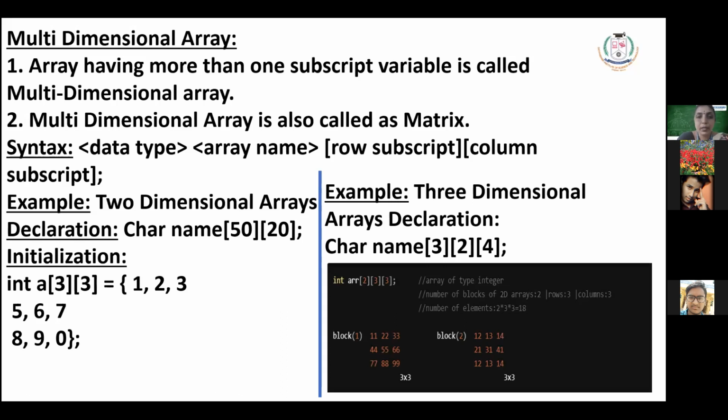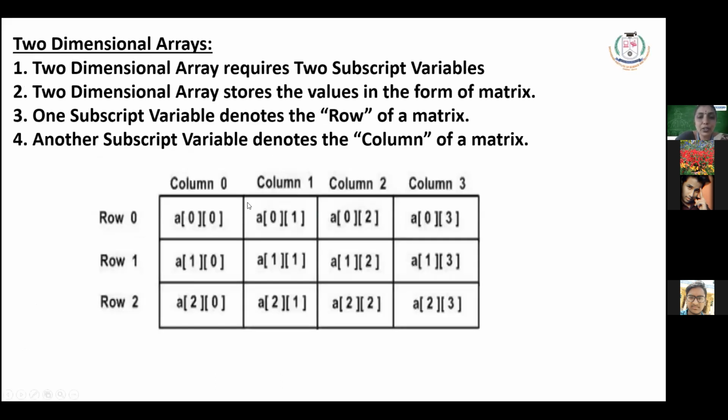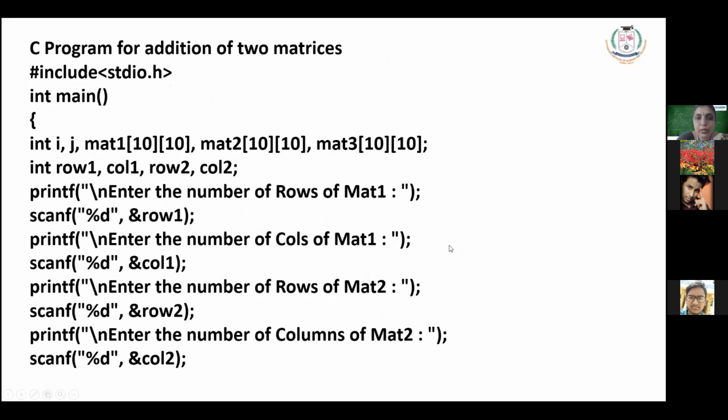Okay. Here we'll look into the program. Here you can see a[0][0], a[0][1], a[0][2]. Whenever we perform addition of two matrices, first, how many subscripts do we need to declare for a two-dimensional array? Two subscripts.